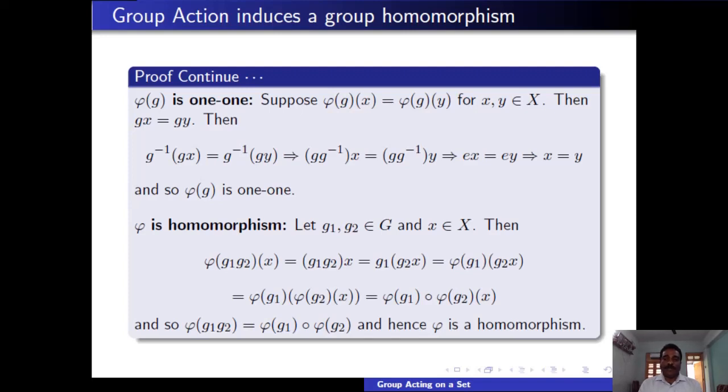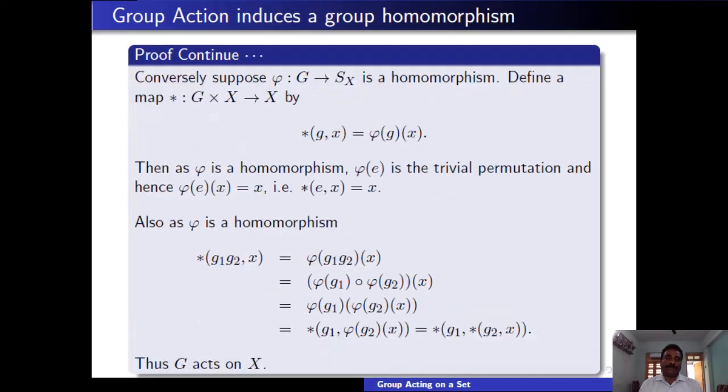So now we prove the converse of this lemma. Conversely, suppose we have a map phi from G to S_X which is a group homomorphism. We want to get a group action of G on X. So for that we define a map star from G cross X to X by star of g comma x is equal to phi of g of x.